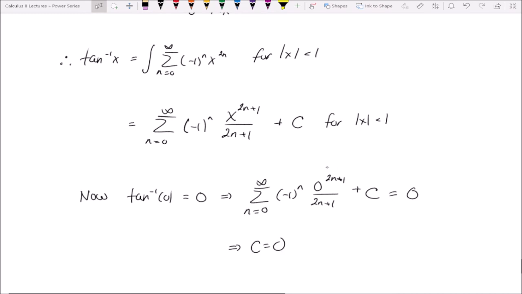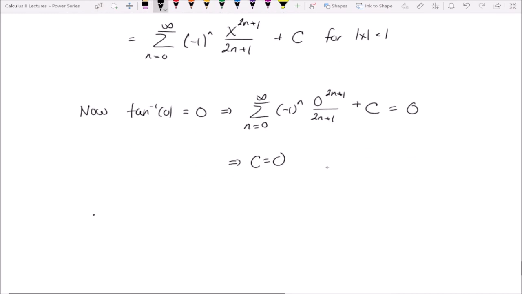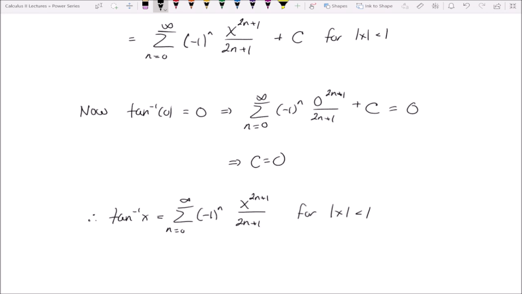So that means that c is equal to 0. So a series expansion about 0 for inverse tangent of x is the series n equals 0 to infinity, negative 1 to the n times x to the 2n plus 1 all over 2n plus 1 for absolute value of x less than 1.